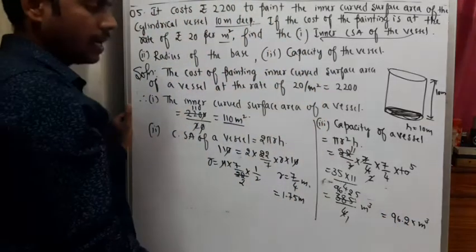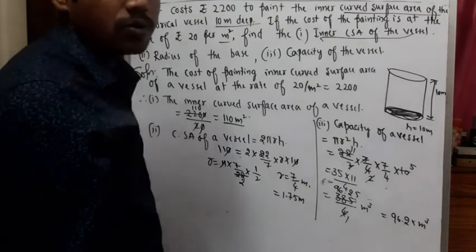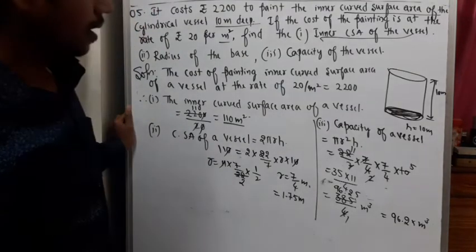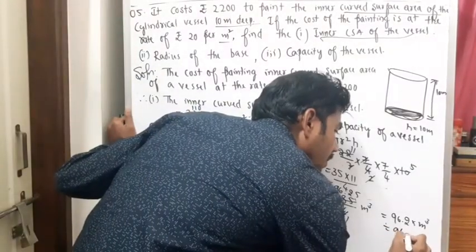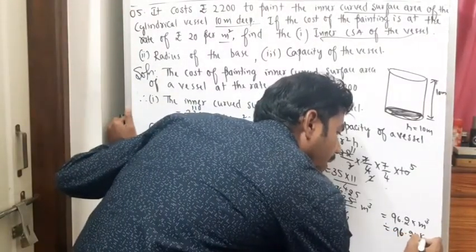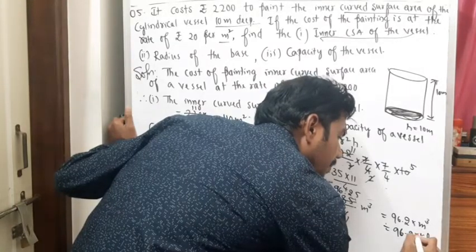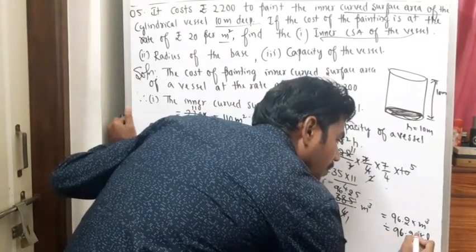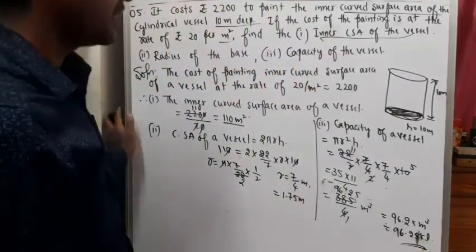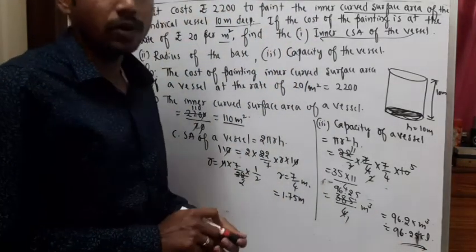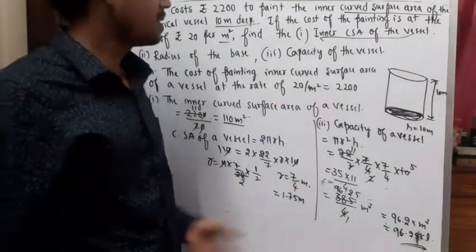Or else, 1 meter cube is equal to 1000 liter or 1 kiloliter, so 96.25 kiloliter. Fine. So this is your final answer. That is, capacity of a vessel is equal to 96.25 kiloliter. Please note this down.